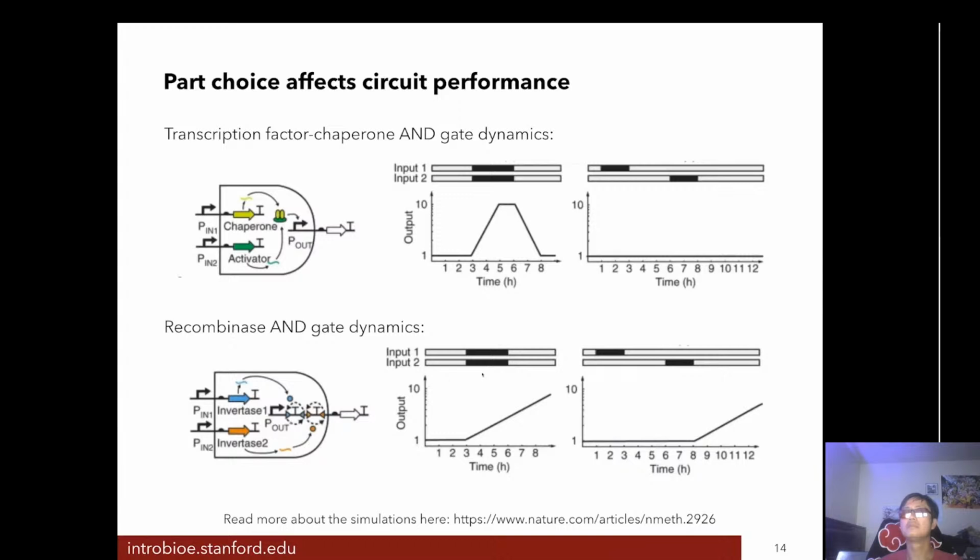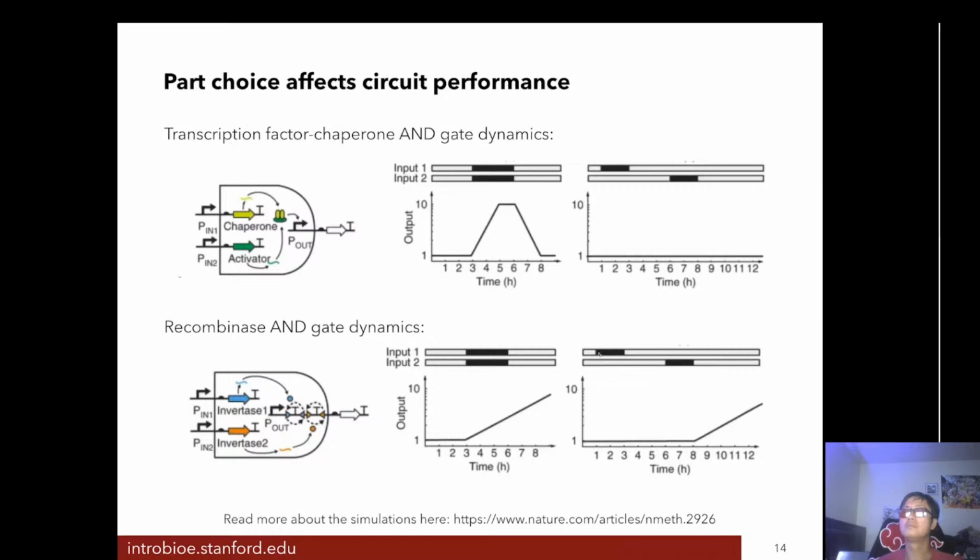They take a long time to initiate relative to the expression of your activator and chaperone. So if you have both promoter 1 and promoter 2 triggered at the same time, and you start expressing both recombinases at the same time, you will get expression of your output gene slowly turning on as these recombinases catalyze this inversion.